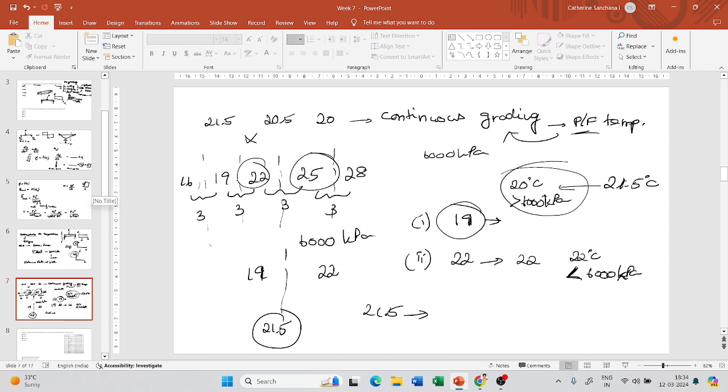It is 16, 19, 22, 25, 28 and so on. So what is the next highest PG temperature? It is 22. So in the case of intermediate PG grading, I have to pick the next highest PG temperature after the pass fail temperature. This is in the case of intermediate PG grading.